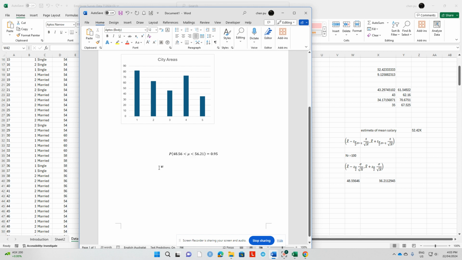And if you need to write a text to interpret this, then what do you need to write?